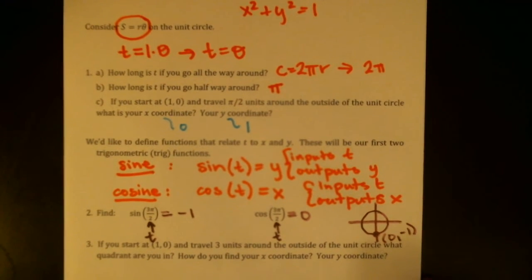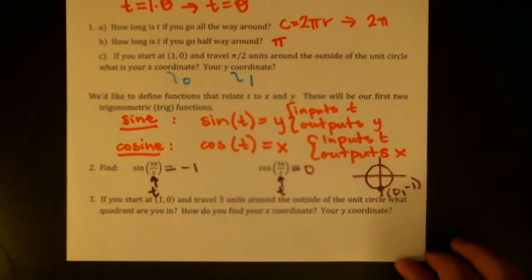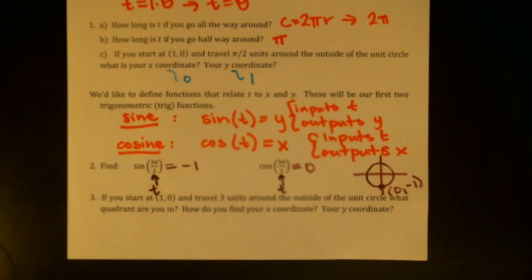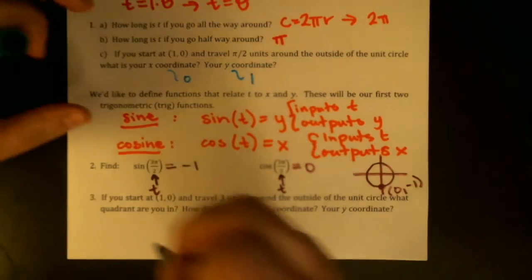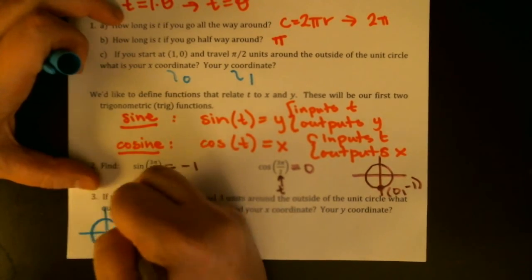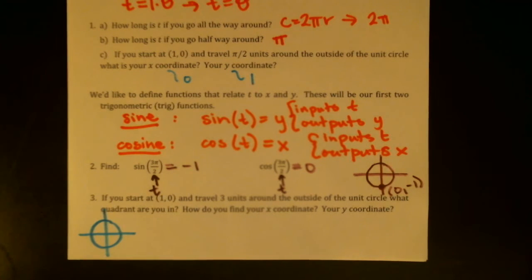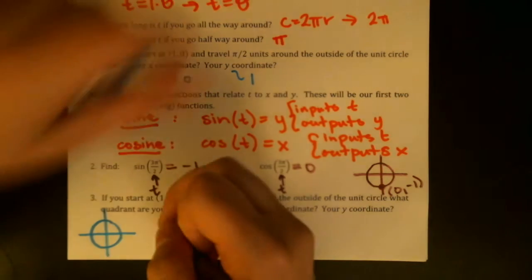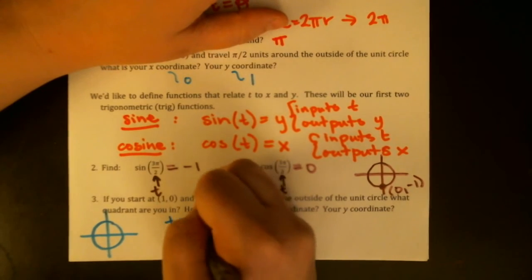Okay, one more on this to really make sure you're getting the jobs of sine and cosine. Here we want to picture if we start at (1, 0), so standard position, and we travel 3 units around the outside of the circle, so 3 units counterclockwise, we want to figure out what quadrant we lie in. This is just giving us a t value right off the bat: t equals 3.